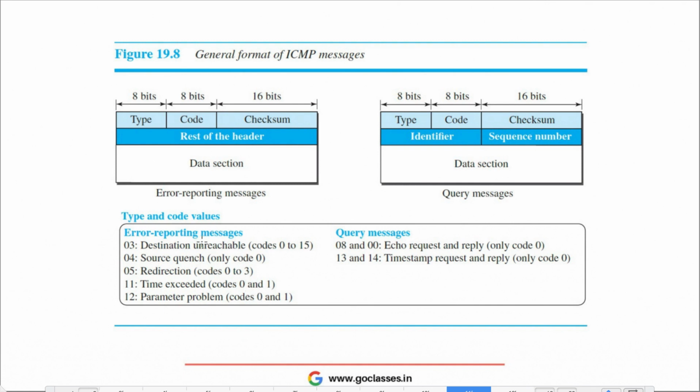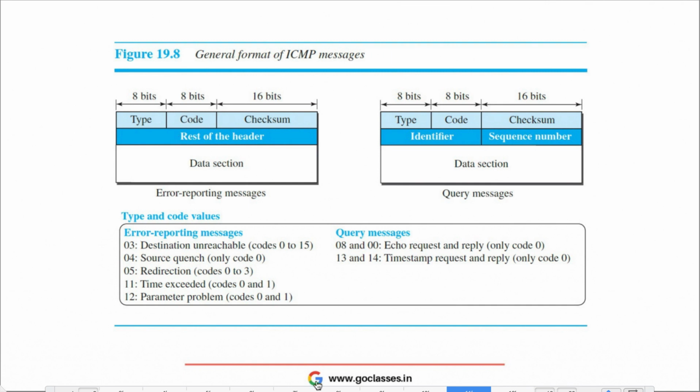An error reporting message could be a destination unreachable message. If you notice here, there are two fields, type and code, in both of the messages. If I have 03 as the type, that says destination unreachable is the type, and the code determines which kind of destination unreachable it is. So each type is divided into multiple parts.